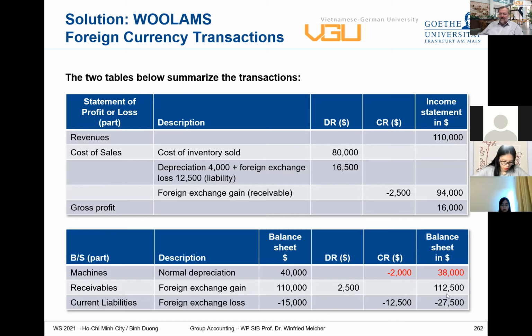So we have 112,500. And on the current liabilities, the company made a loss of 12,500. So at the end of the year, we have a balance sheet item for the current liabilities of 27,500. Okay. Questions?